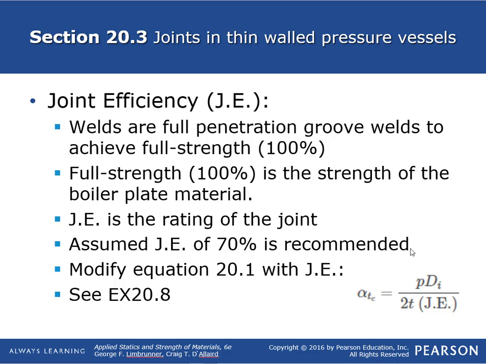But if you're not going to x-ray all of your joints, it's good to assume the joint efficiency is 70%. How do we use joint efficiency? We apply it to equation 20.1 for the hoop stress, and then we're going to do an example about that one.